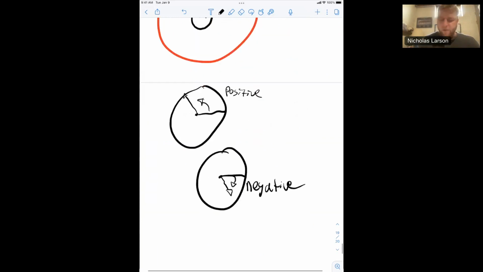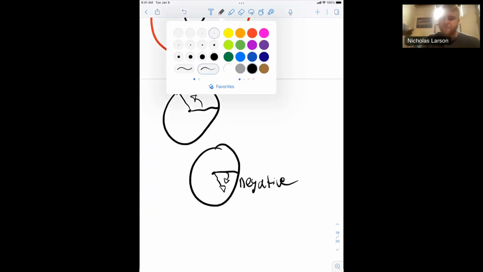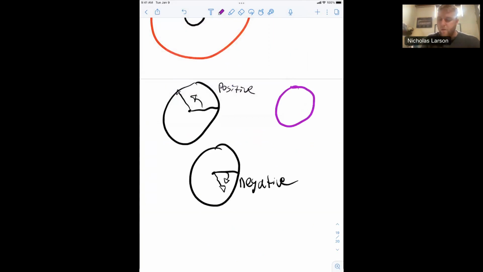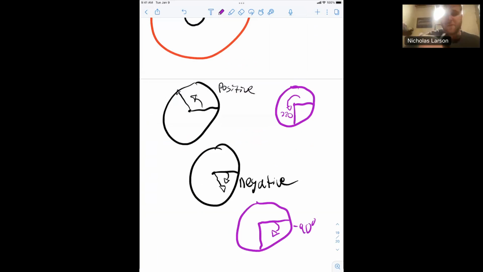So if this right here is positive 270, a coterminal angle could be negative 90. So I could go positive 270 or I could go negative 90 degrees and actually end up in the exact same spot.